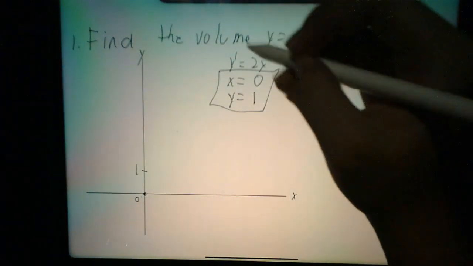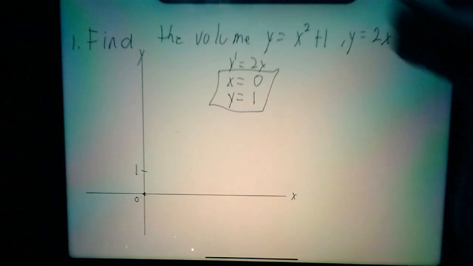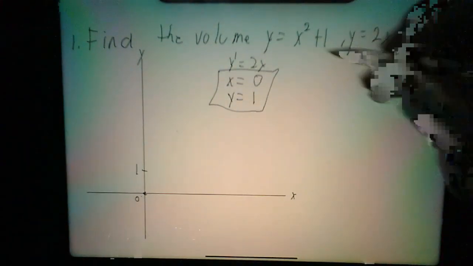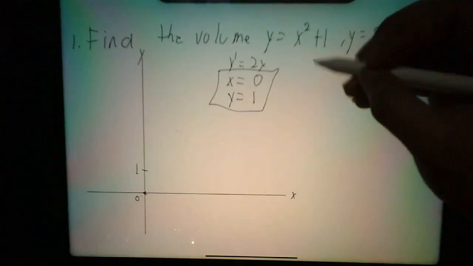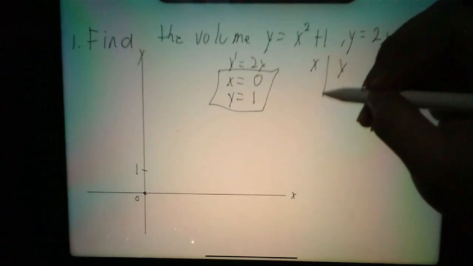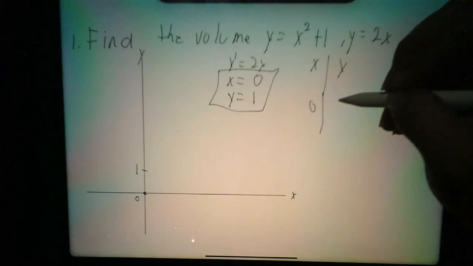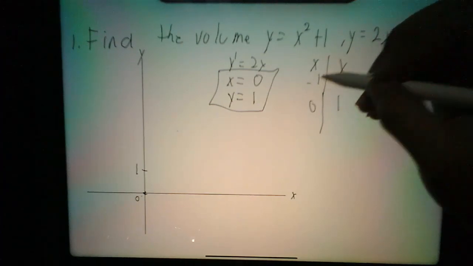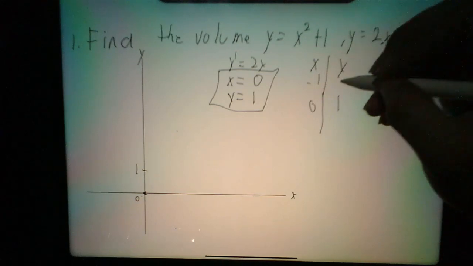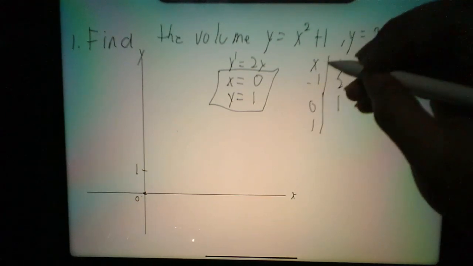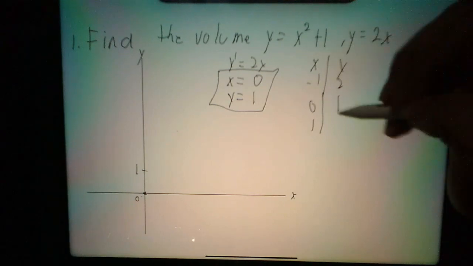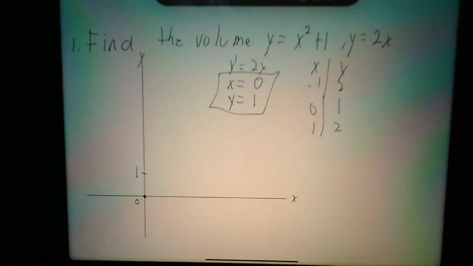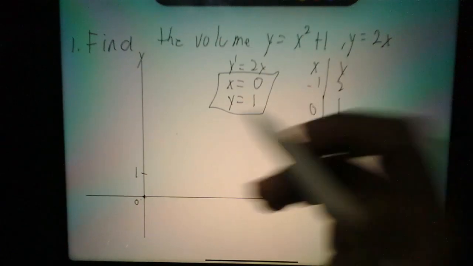So let's erase that out. But before we erase that, we need to find the other points of the parabola by creating a table here. If x equals 0, y equals 0. If x equals negative 1, our y will become 1, and if x equals 1, our y will also become 1.